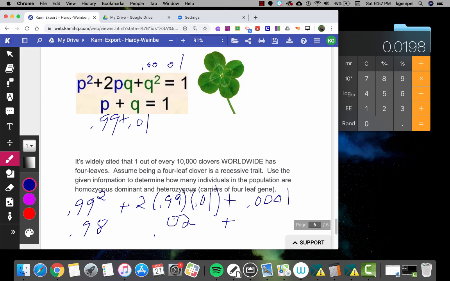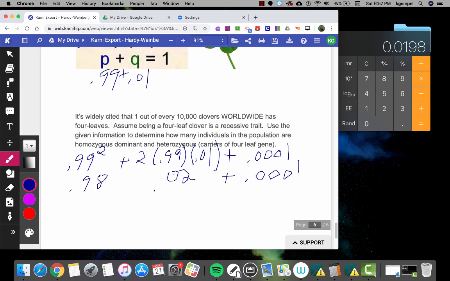So already these equal 1, and that's just a negligible amount here. So when you only have 1 out of 10,000 being a 4-leaf clover, that's a very rare gene in the population. It's only 1% of the genes in the population, and the other 99% are going to be the dominant genes.